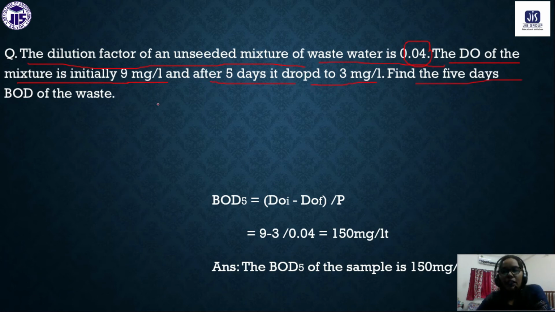Now find out the 5 day BOD of the waste. Very easy question, because the P value is given, that is 0.04. The initial value of the dissolved oxygen is given, and after 5 days the final value, 3 milligram per liter, is also given. Now you just have to find out the BOD5 of the wastewater.